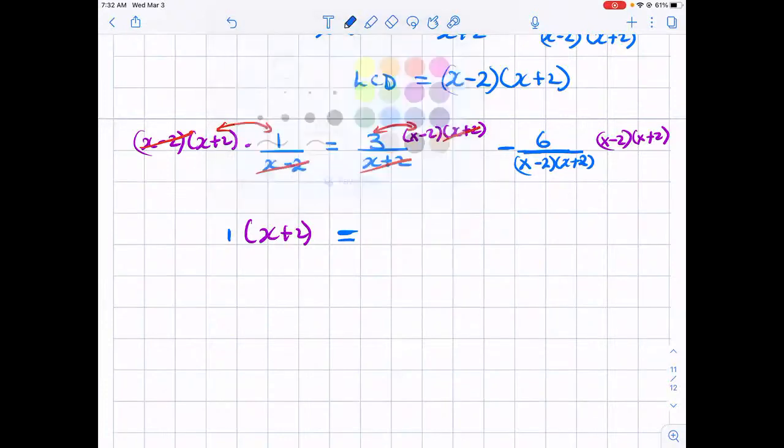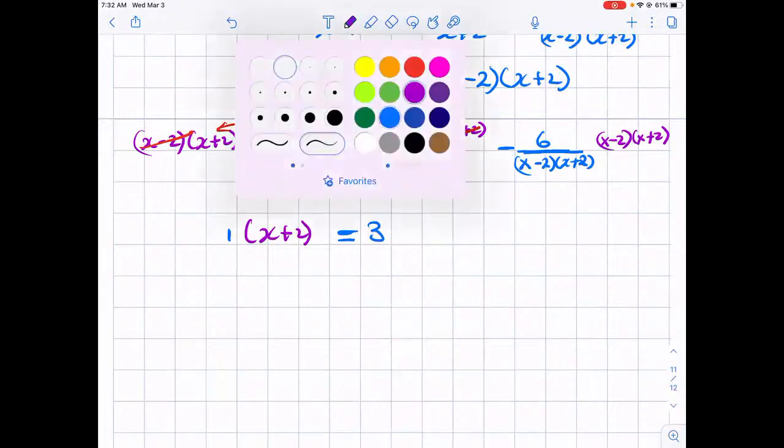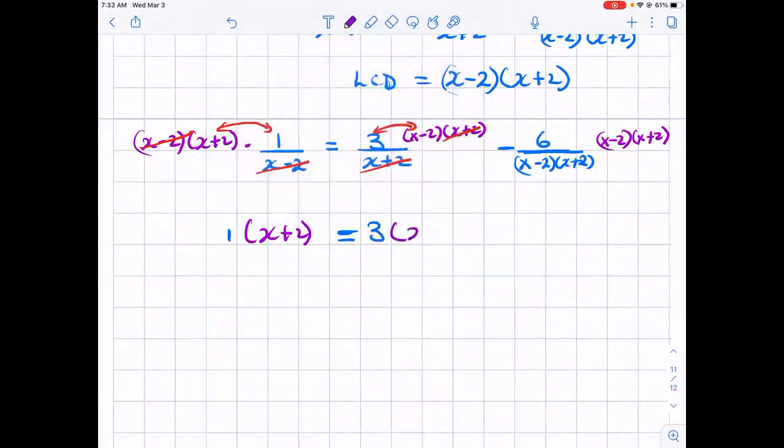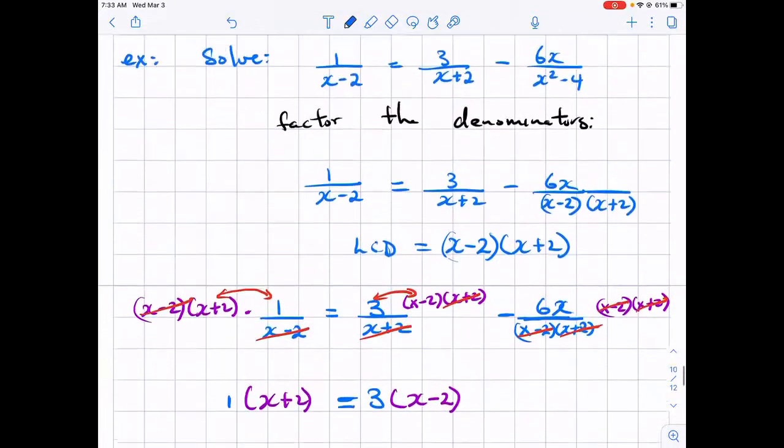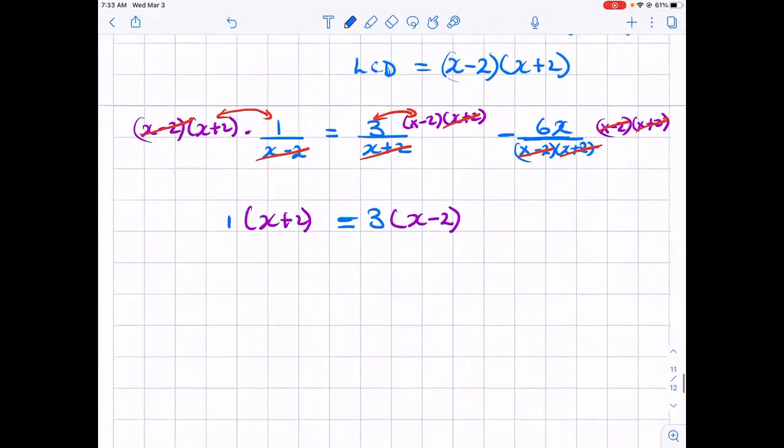I'm left with 3 times x minus 2. And then in this case, the x minus 2 cancels with the x minus 2, the x plus 2 cancels with the x plus 2. Don't forget, I had an x here, right? There was an x there, yes. So I'm left with minus 6x, okay?